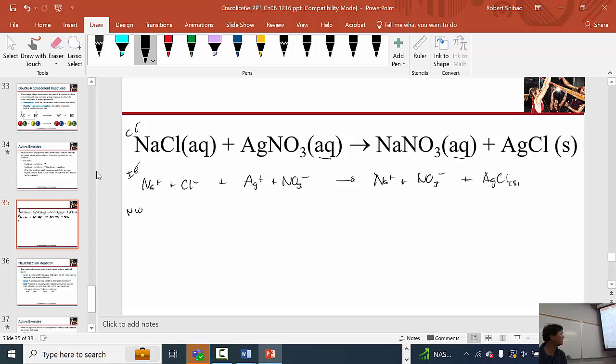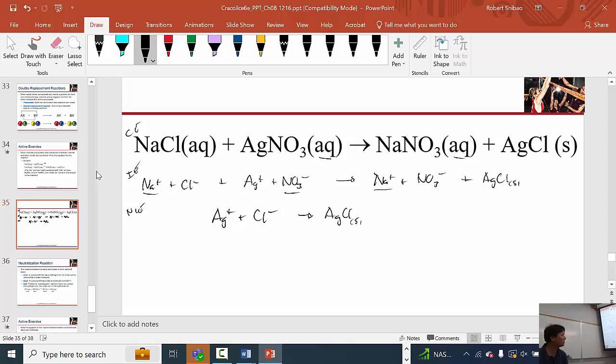So we just do the ion, silver plus chloride. This is going to make silver chloride. So this is the favorable ion combination here. Silver ions like chloride ions. The sodium ions are spectators, nothing happens.